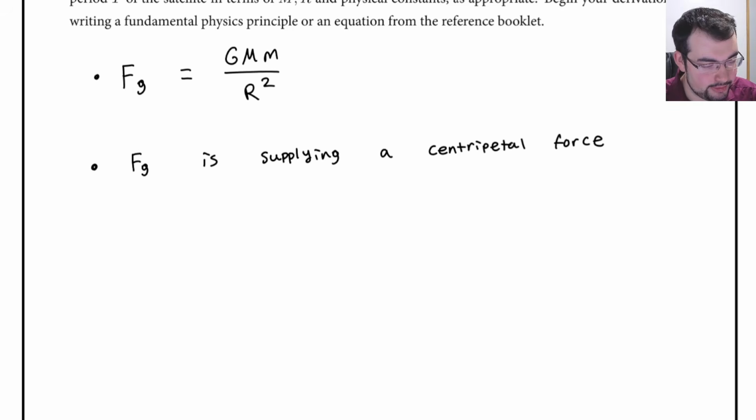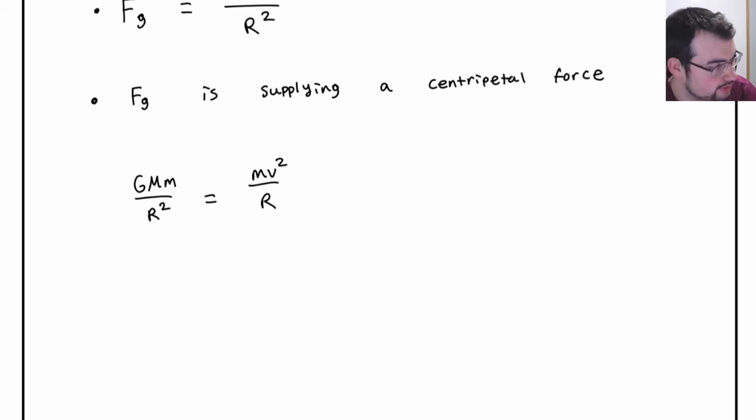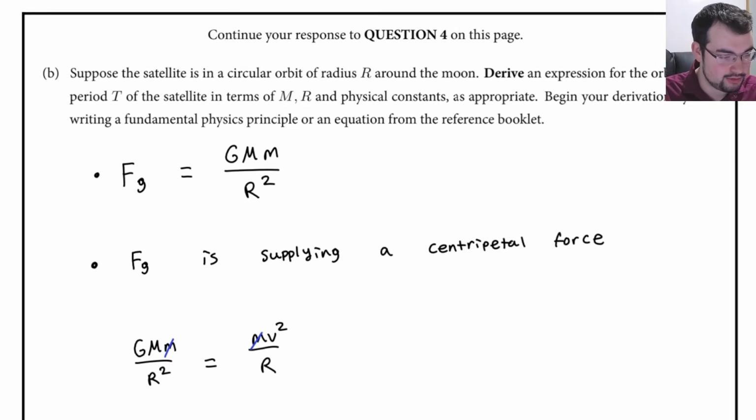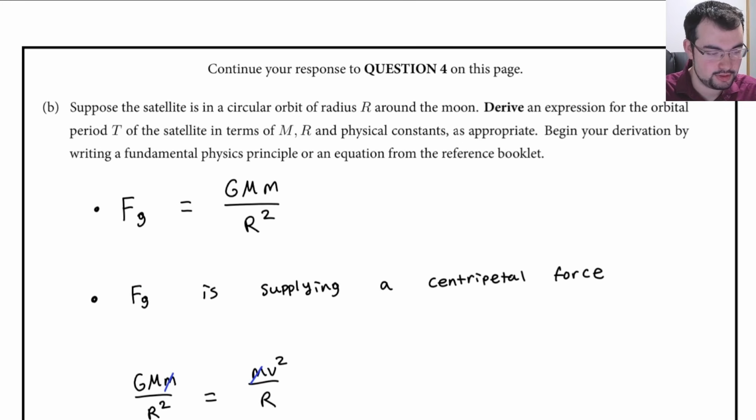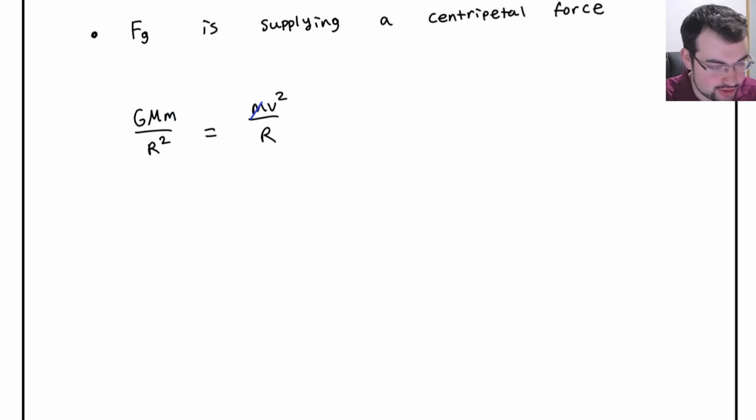That means that we can just set GMm over r squared, which is supplying a centripetal force, and anytime anything is centripetal, we can set it equal to mv squared over r. Goodbye mass of the satellite. Remember, that does not matter, and it shouldn't, because our expression actually only has capital M and r. So goodbye.